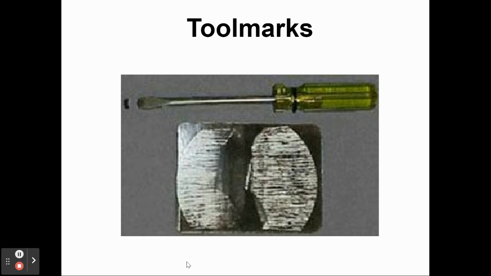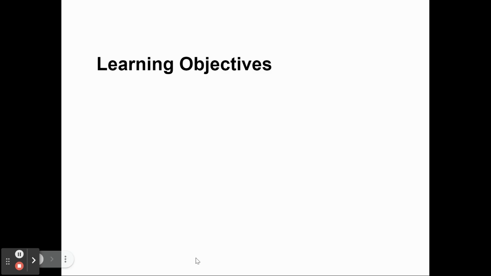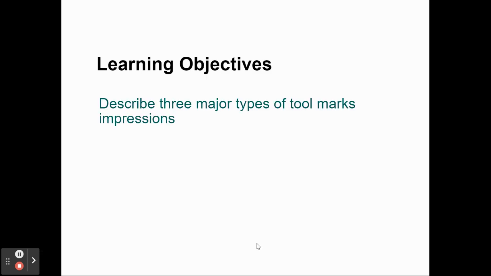And so, we want to look at the different types of marks that are made, how those end up being analyzed and compared, the reliability associated with that, among other things. All right, so this section, being able to identify the three major types of tool marks, in terms of abrasions and impressions.